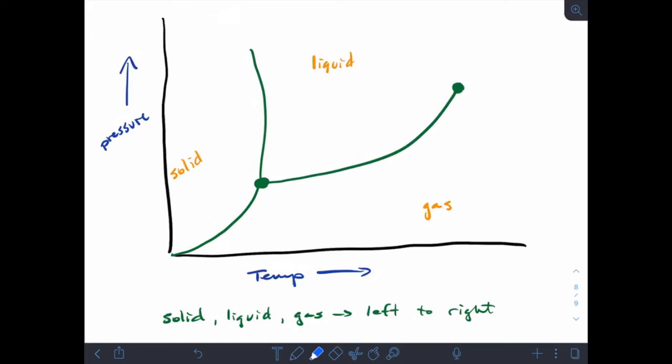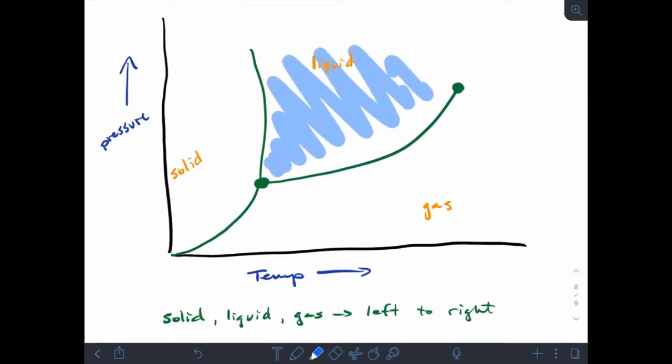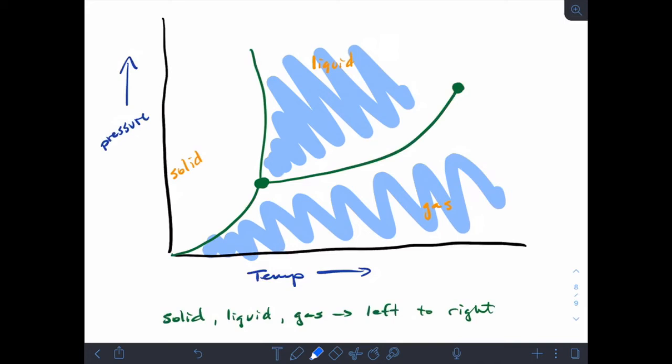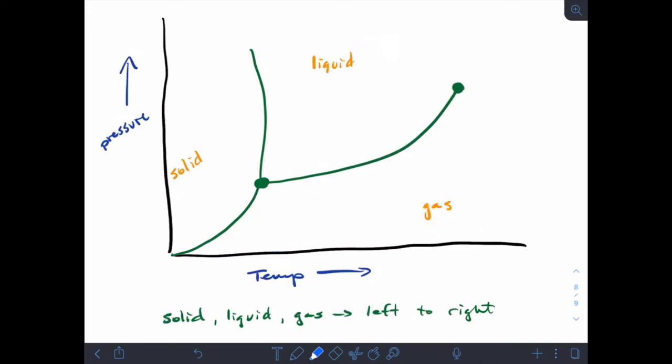Okay? And this whole region here, that's all liquid. And this whole region right here, that's all gas. Okay? So depending on your material, these lines will take different sort of directions. But the phase diagram is always going to be left to right, solid, liquid, gas.